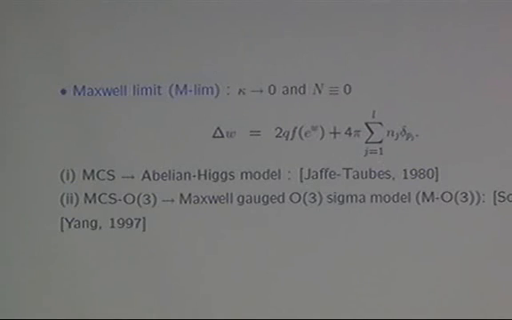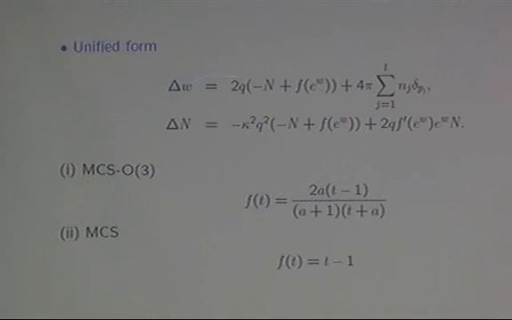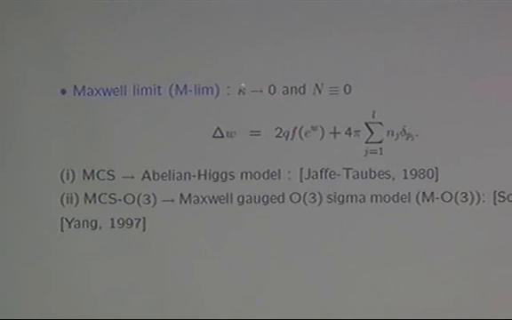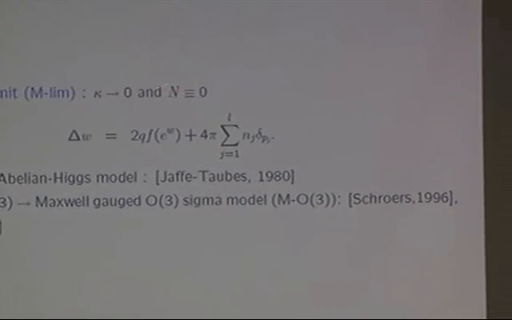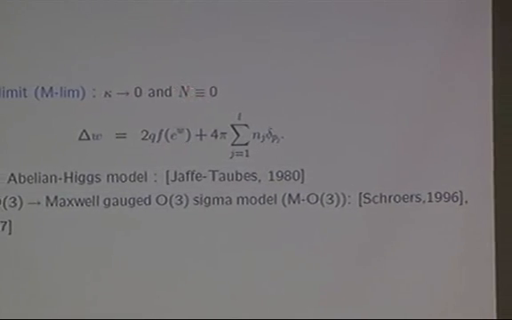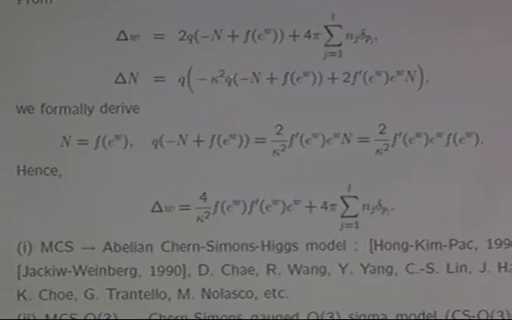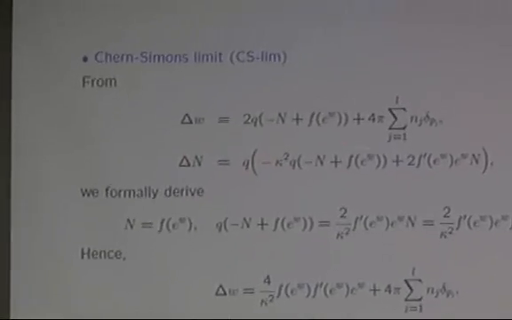In this equation, if we take the limit where kappa tends to 0, and the function, this is called the neutral scalar function, is identically 0, then this term vanishes and this term vanishes.